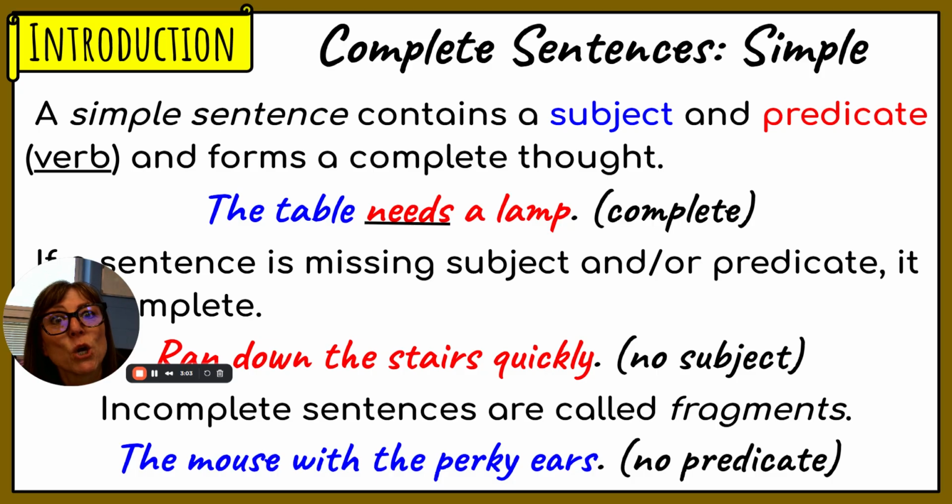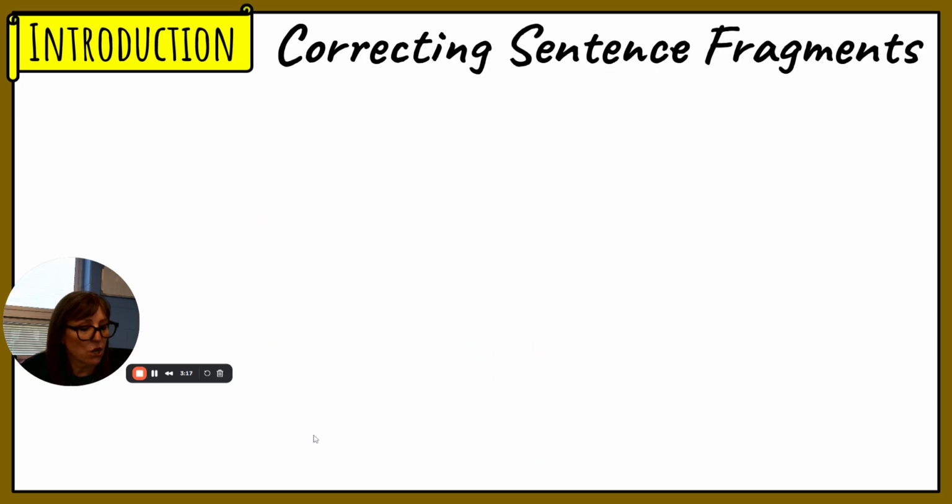What did the mouse with perky ears do? Well, it's a fragment. We know who we're talking about, but we don't know what the mouse did. So there's no predicate. It's called a fragment. So we're going to learn how to correct these sentence fragments.